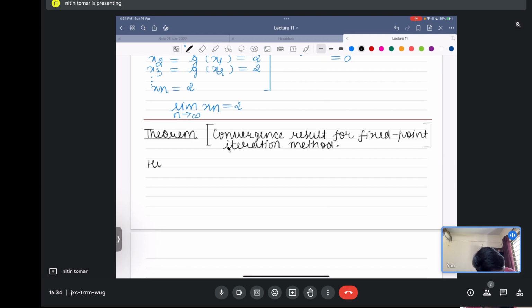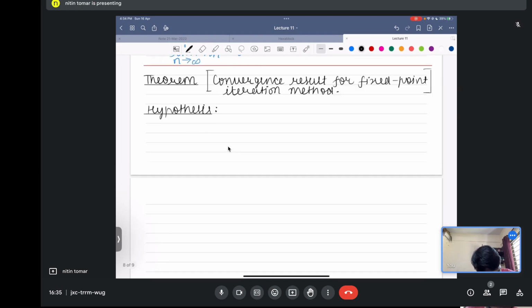So let the hypothesis be the following. So the appropriately chosen iterative function g satisfies the following.